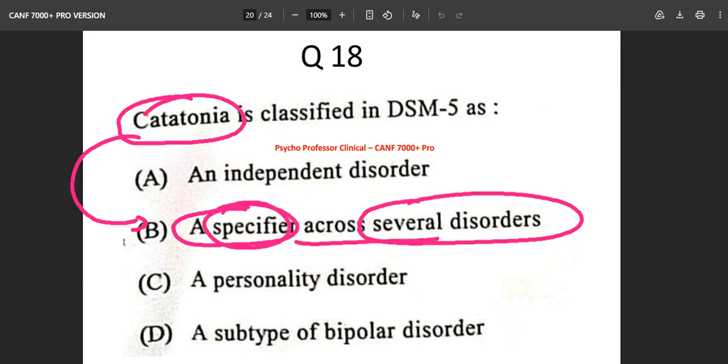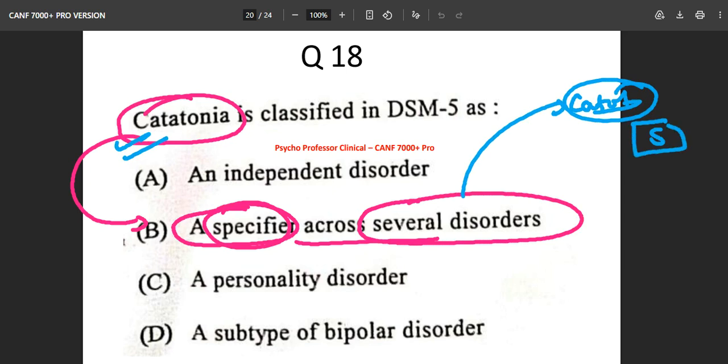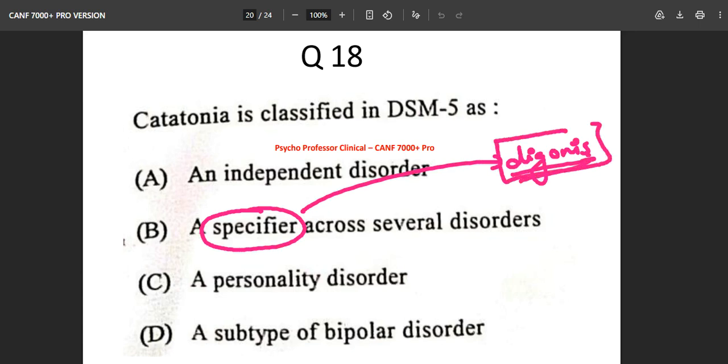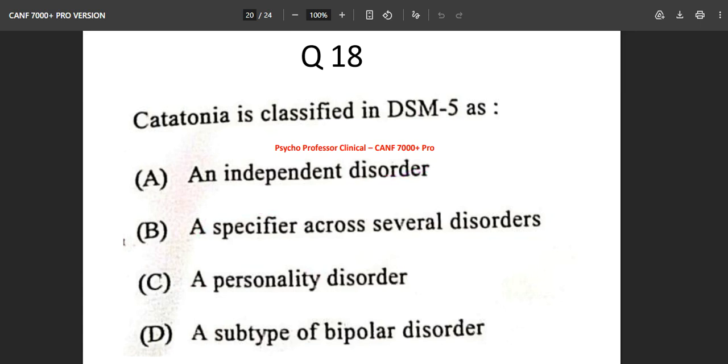You would have heard of catatonic schizophrenia. So in schizophrenia, you are having this catatonia. In other disorders as well, you have catatonia present, and that is why it is called a specifier. The exact meaning of specifier is that it will help the psychologist or psychiatrist to diagnose the individual properly.